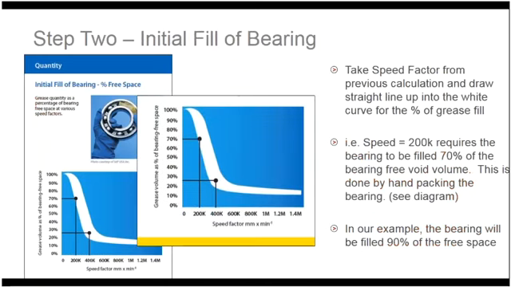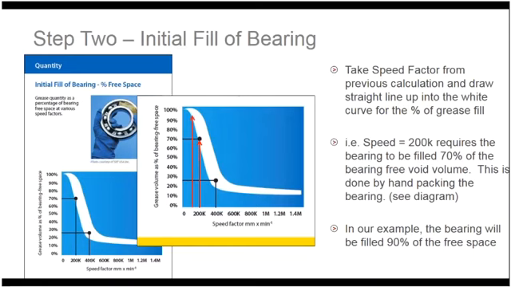Once we have the correct grease, we now have to determine the amount of grease that goes in the bearing for the initial fill. This is hand packing the bearing. As you can see from the chart, based upon the speed factor, we move from, in this case, 200,000 DIN up to the white section of the chart, and it indicates that the bearing is hand-packed to 70% of the free void volume.